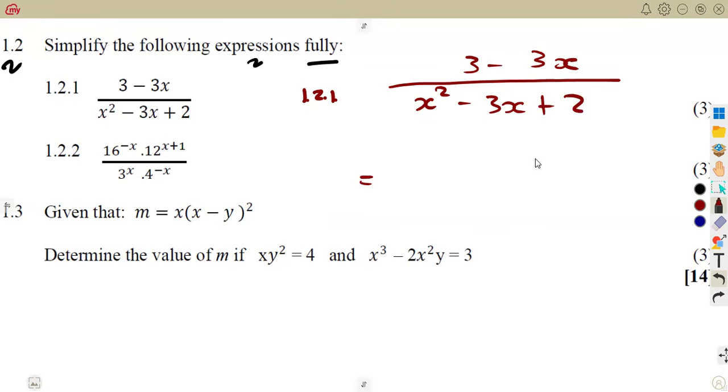All right, so definitely factorization has to play a role. Here we can see that this is 3 minus 3x.